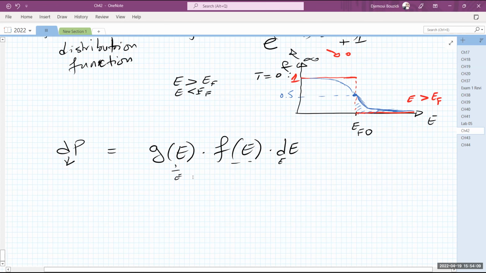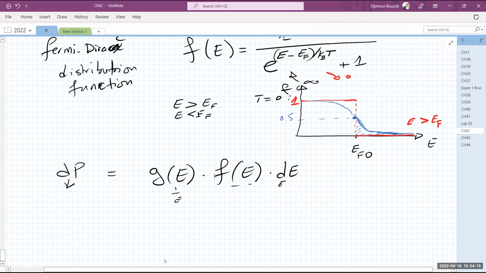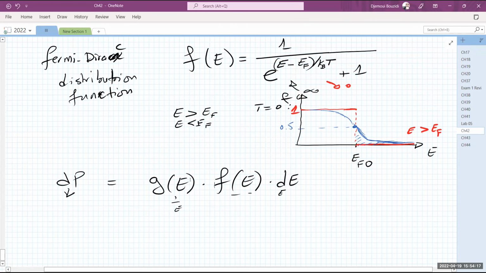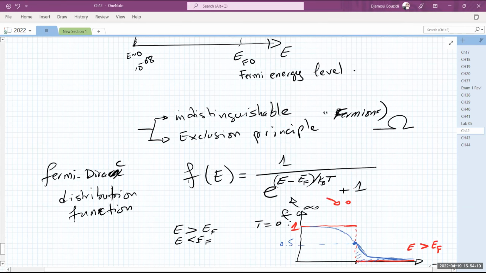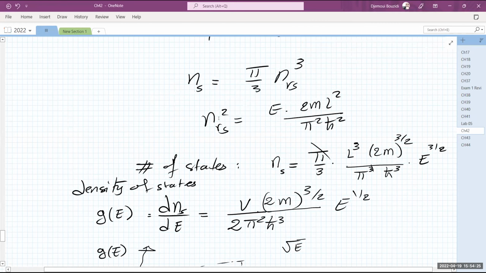So if I want to find, for example, my Fermi energy level, all I have to do is go back into this expression here and require that this number, the number of states, are all occupied by the number of electrons.